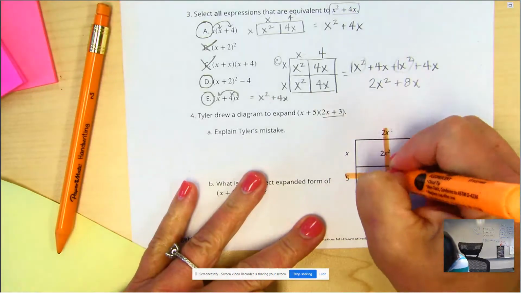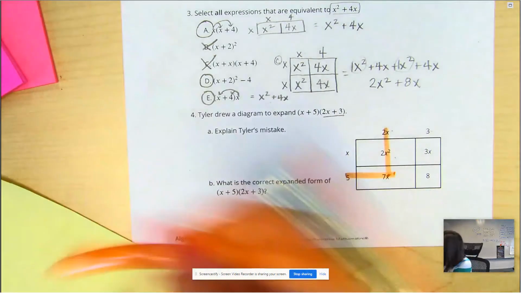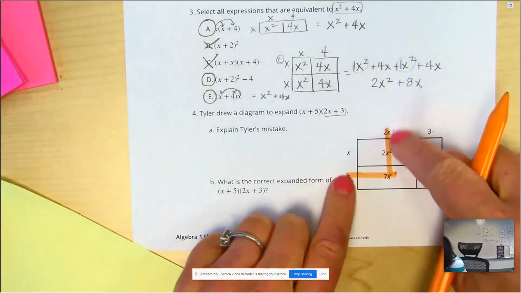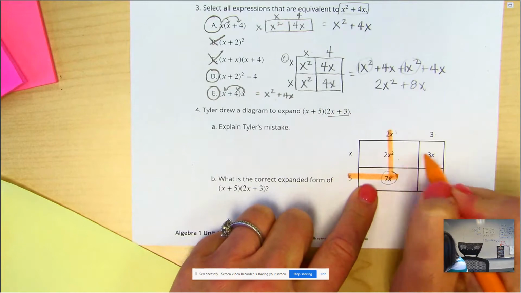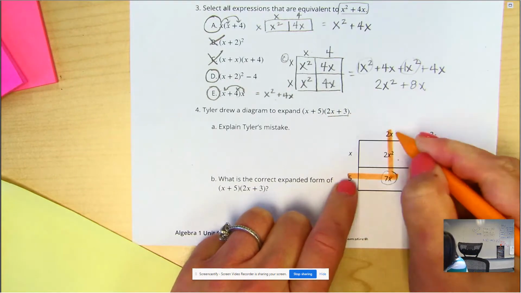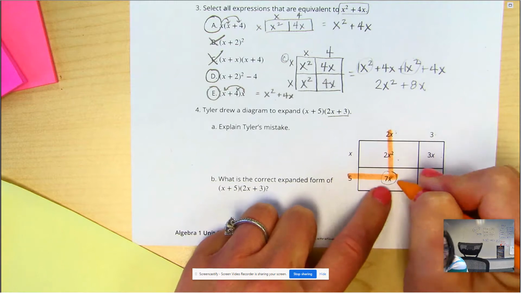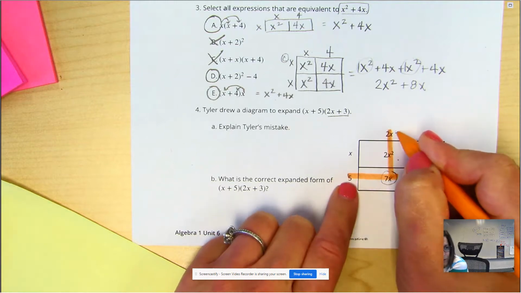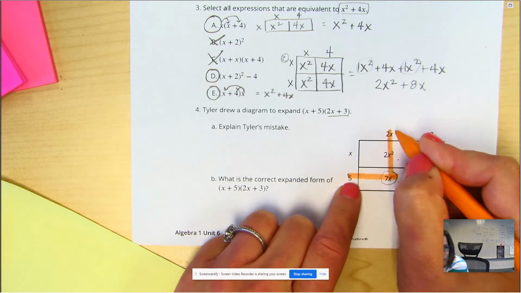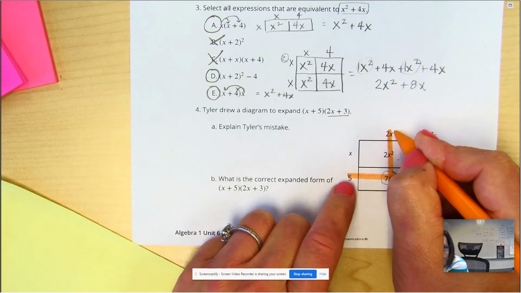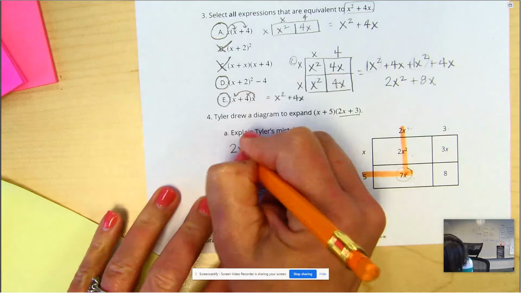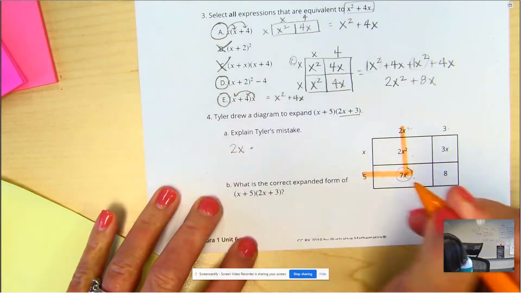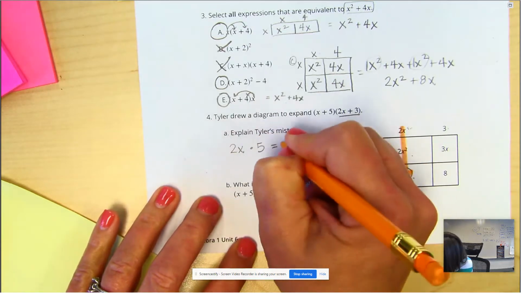That is supposed to be multiplication. You're multiplying these. It's very easy because once you get your answer, you're writing this as an expression and you're adding all these. Some of them can go together. But to get this number in here, you're multiplying these two dimensions. So the 2x times the 5 should be a 10x.